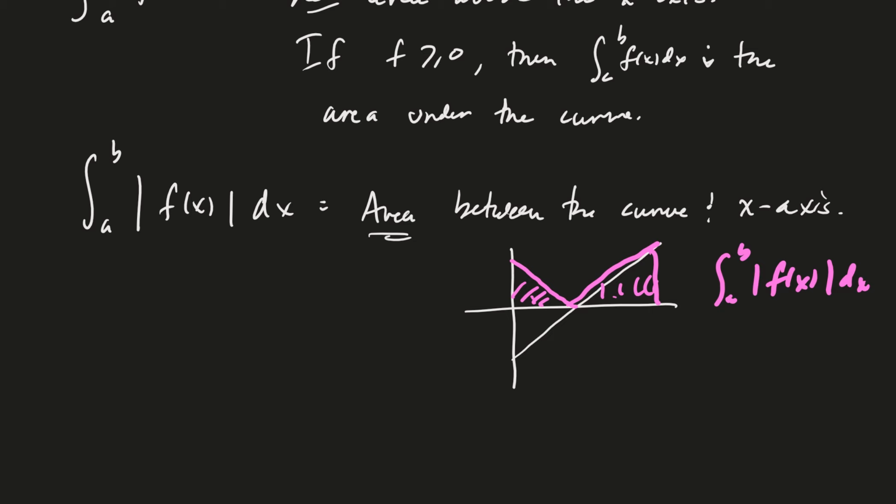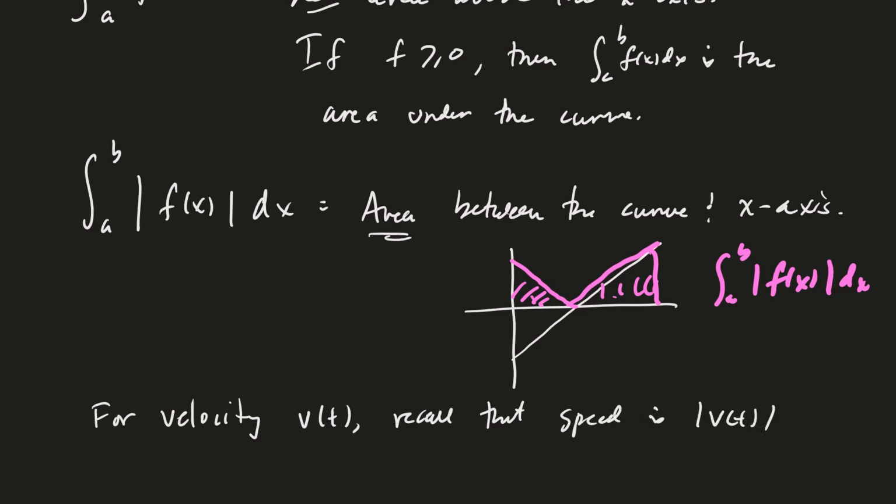What I wanted to mention, though, is that for velocity, v of t, we just want to recall that speed is the absolute value of velocity. Good. All right. So we're going to talk about the physics a little bit more later.